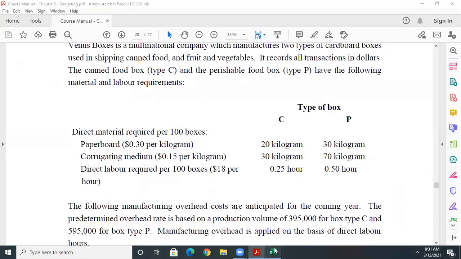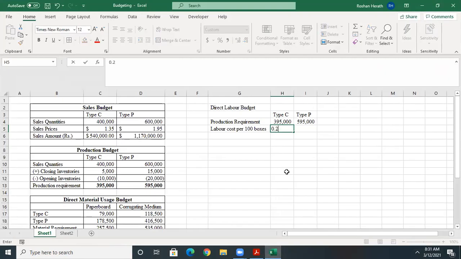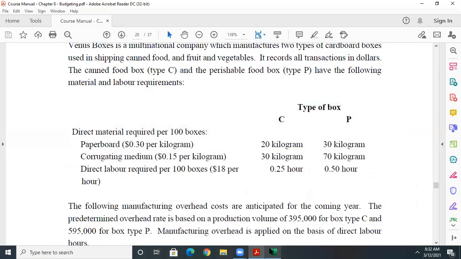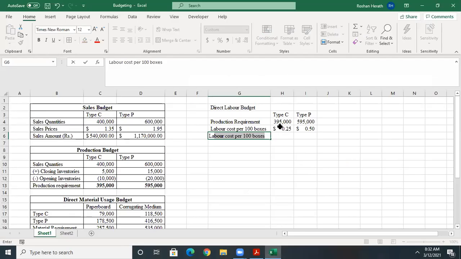So it is 0.25 and it's 0.5. So then you can work out what is the labor requirement. Sorry, yeah, it's not the cost. Sorry, it's just 0.25 hours. You need to remove it.